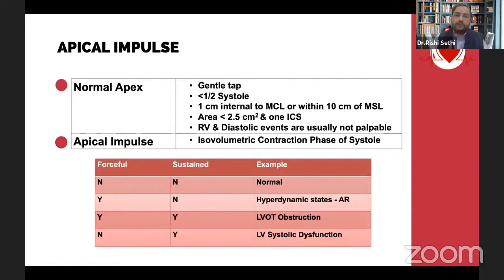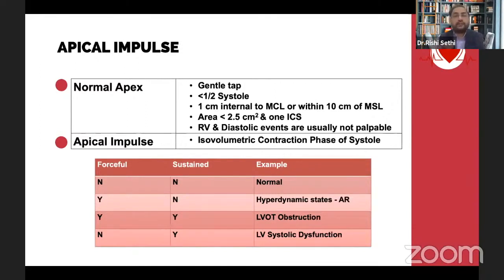Similarly, another quantifiable is the area of the apex. Generally, the area is less than 2.5 centimeters square and it occupies one intercostal space. If the area becomes more than 2.5 centimeters square, or if the apical impulse occupies more than one intercostal space, then it's called a diffuse apex, generally associated with volume overload states.